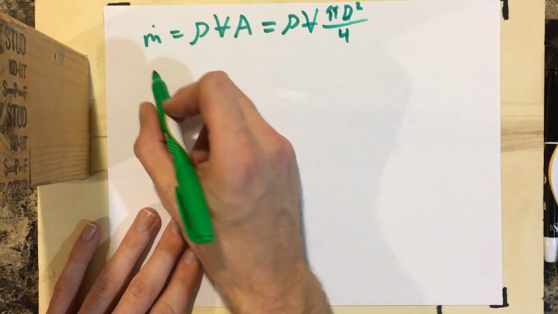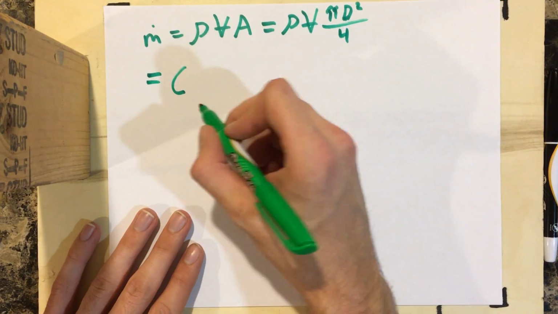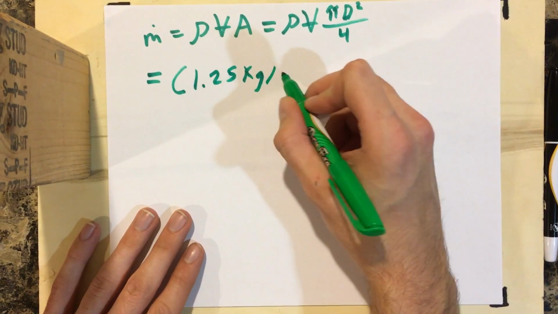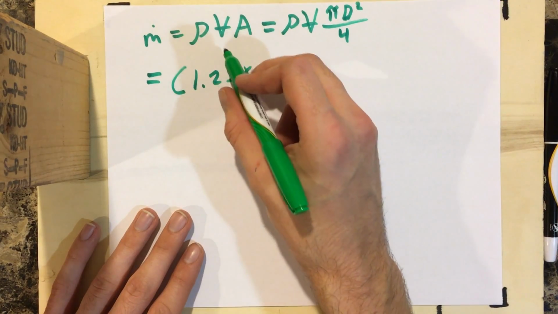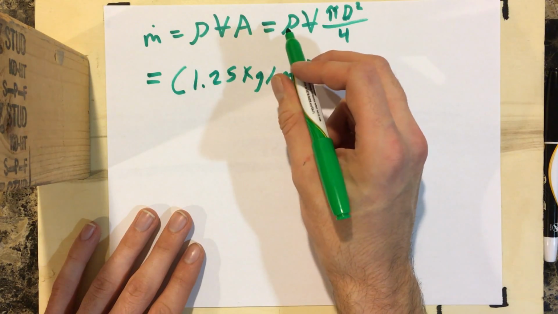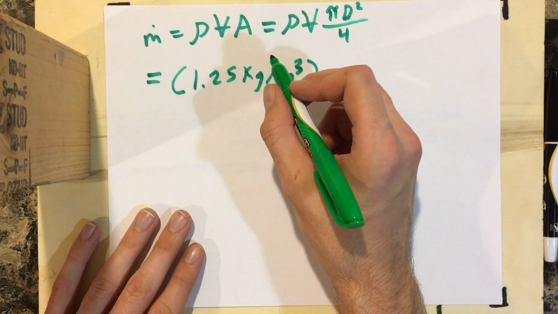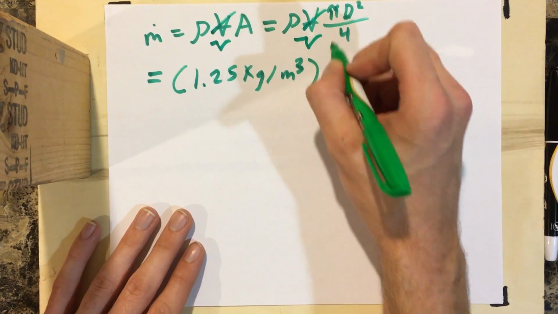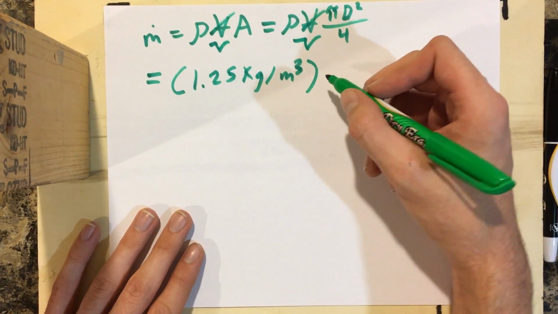Now, we know that the density of air is 1.25 kilograms per meter cubed. And we know that the velocity, oh, that is velocity, not volume. It's actually velocity still, because that's the 10 meters per second.